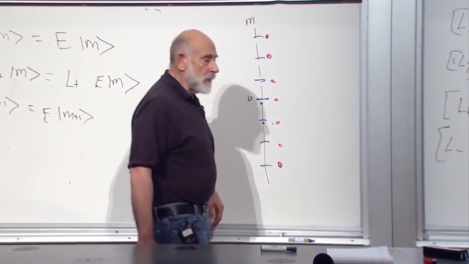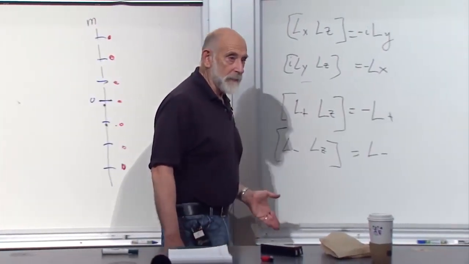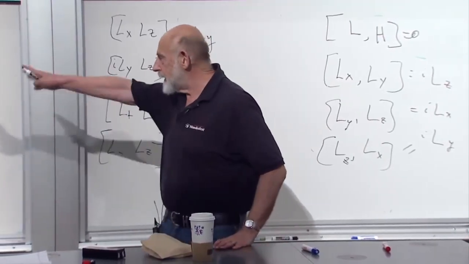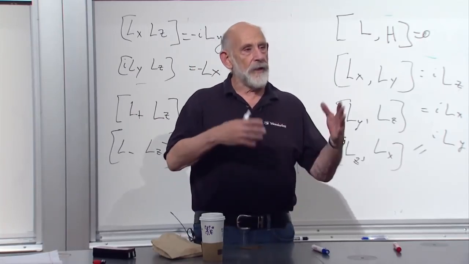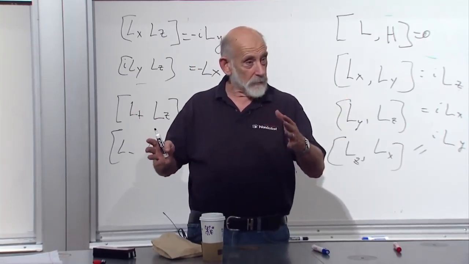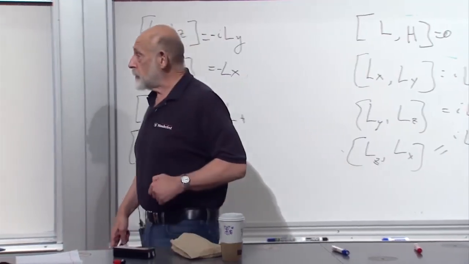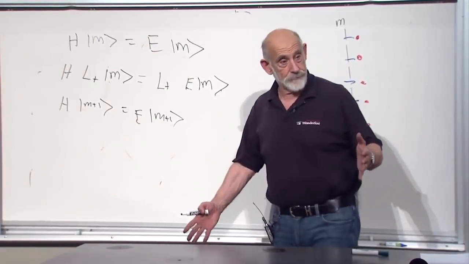Linear combinations of these are eigenvectors of Lx and Ly. And so in that sense, what we're finding here is essentially the eigenvectors rotated, the rotated versions. And that's kind of obvious because when you apply an L, you're generating a rotation.